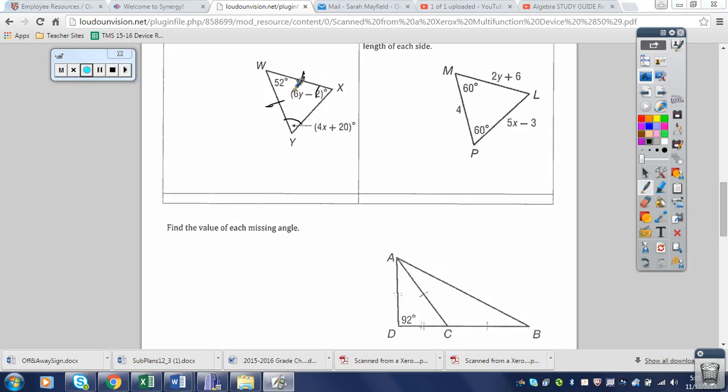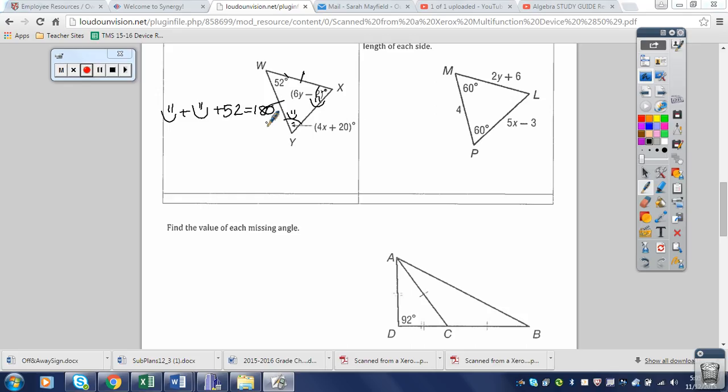You know this is isosceles. You know these are congruent. You know this angle is 52. Right? You know these three angles have to add up to equal 180. So these two are congruent. So if I just call these smiley face and smiley face, I have smiley face plus smiley face plus 52 has to equal 180.